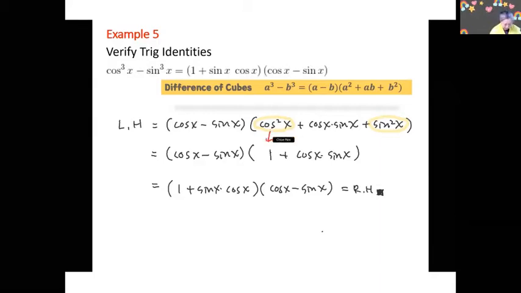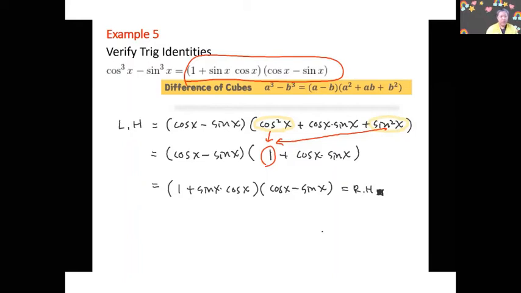So here and there, it's adding, right? So it becomes 1. Then just rearranging that parenthesis will get you to the right-hand side. So without knowing it, it's a really long way to go. But knowing this format, it's just easy peasy.